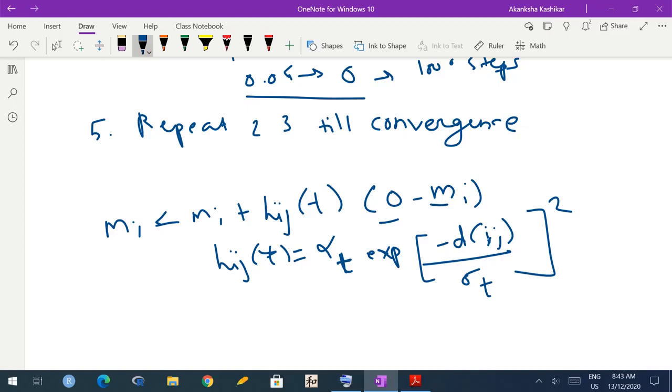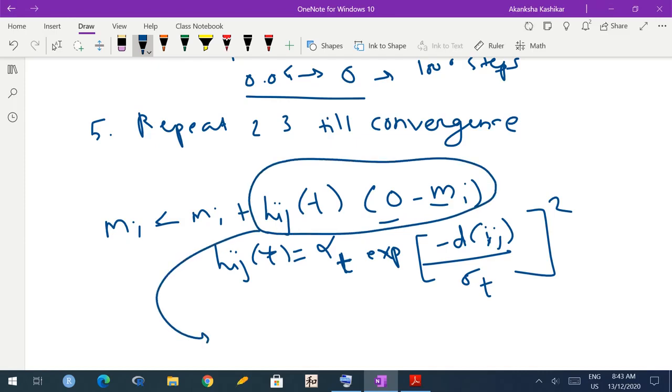Another option is this entire quantity. Instead of this, we can have something like eta(t). Again, eta(t) is kind of a learning rate, times E_ij times (o minus m_i), where E_ij is something like a Gaussian density with j as mean.